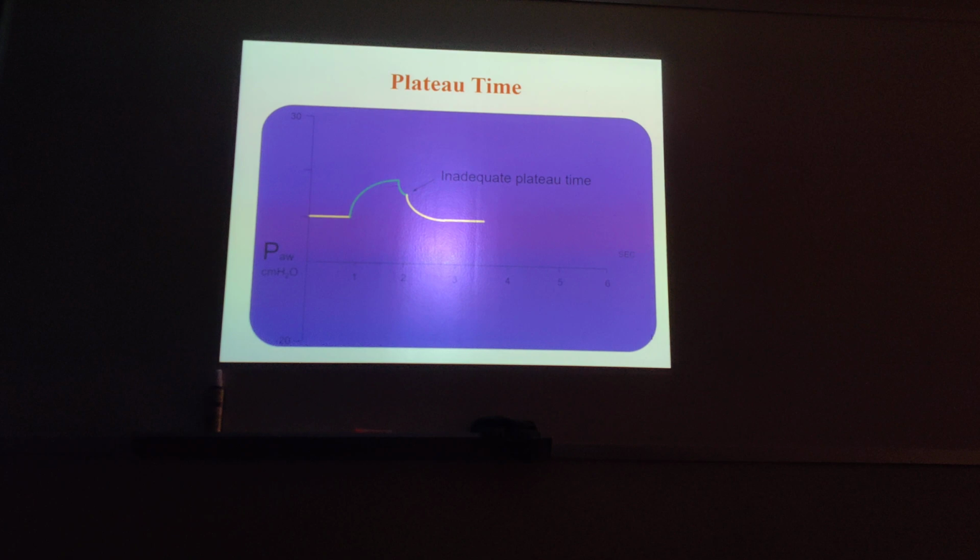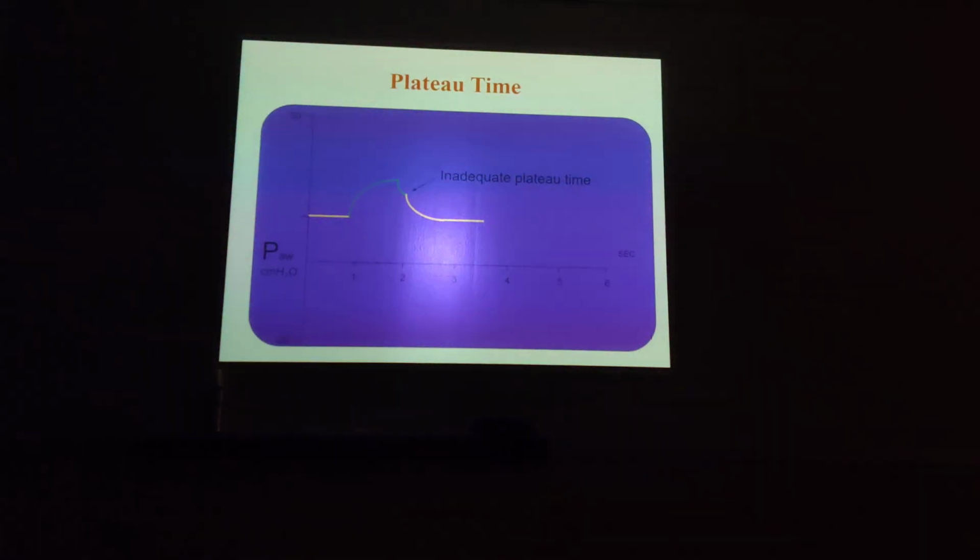But you have to hold it long enough to get true plateau pressure. Usually on most ventilators, the maximum allowed is 30 seconds. If you hold that button for more than 30 seconds, the ventilator is going to ignore you.